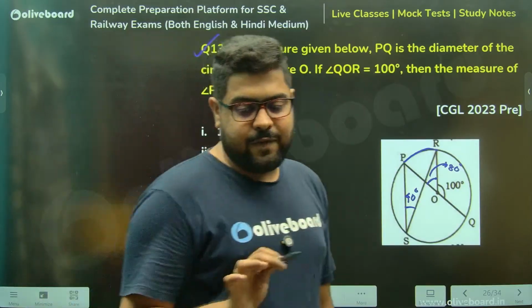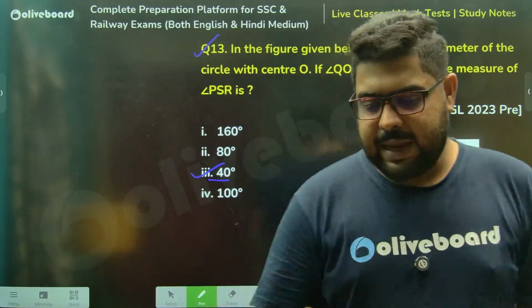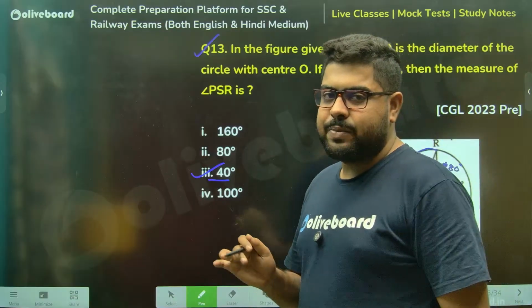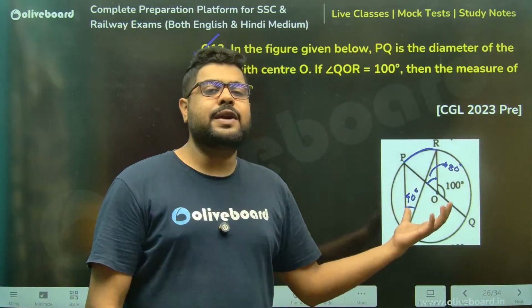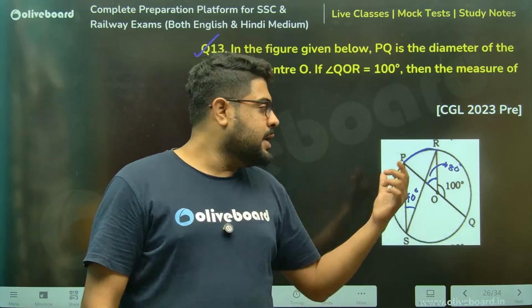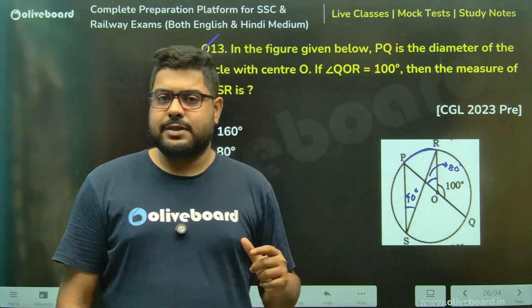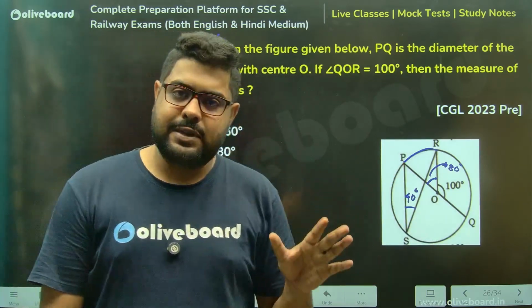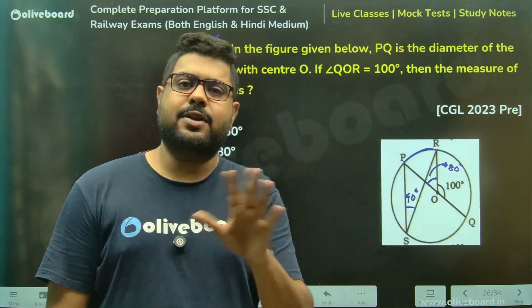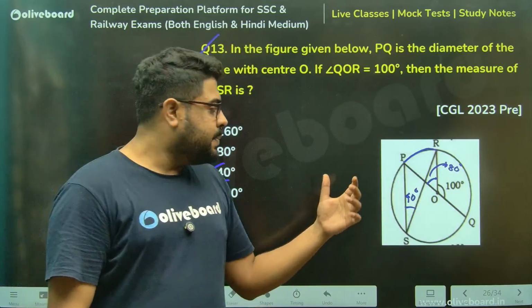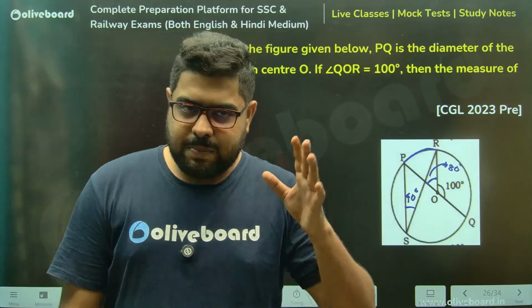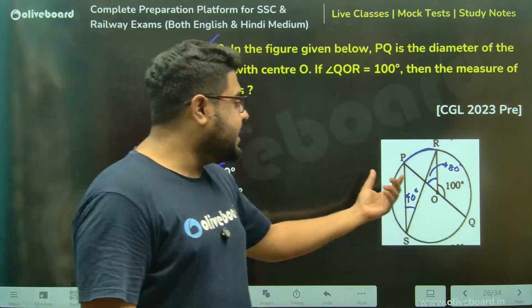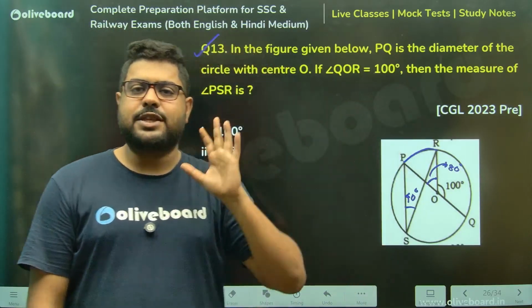Again, I'm telling you, everyone, circle angle based properties are all about setting up the eye. Everything is right in front of you guys, but many of you have not been able to observe this. Few have, few haven't. I'm not saying that's bad or good. The better you get at this chapter, these things will catch your eye.